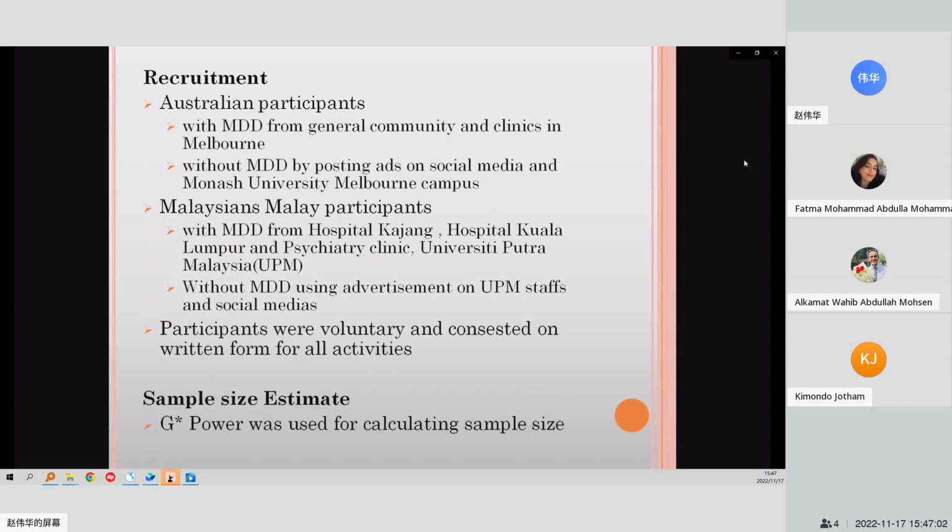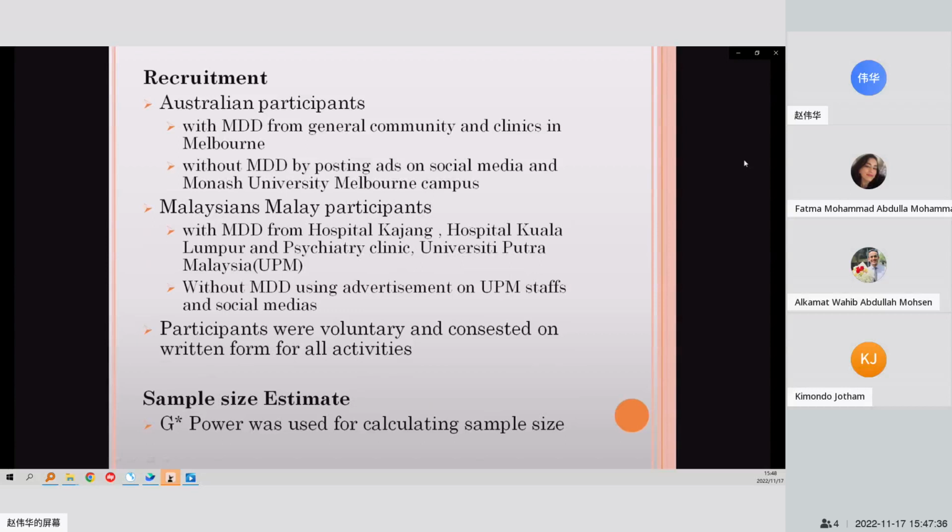How this recruitment was done is presented in this slide. The Australian participants with MDD were recruited from the general community and clinics in Melbourne, and those without MDD were recruited by posting ads on social media and at Monash University, Melbourne campus.